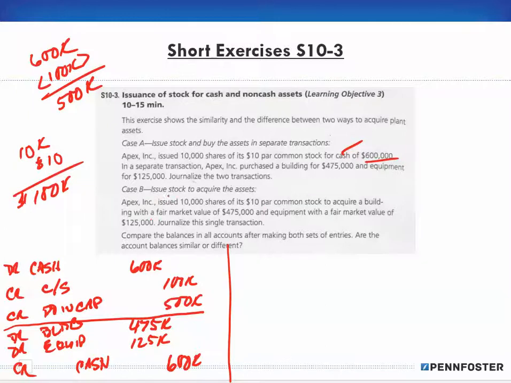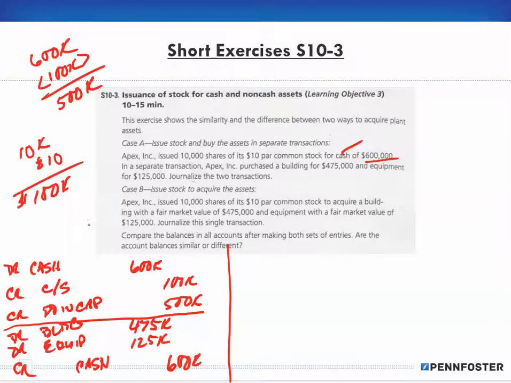Now in case B, it says Apex issued 10,000 shares of its $10 par common stock to acquire a building with a fair market value of $475 and equipment with a fair market value of $125. Journalize the single transaction. Okay, as a quick aside, notice what we have here.